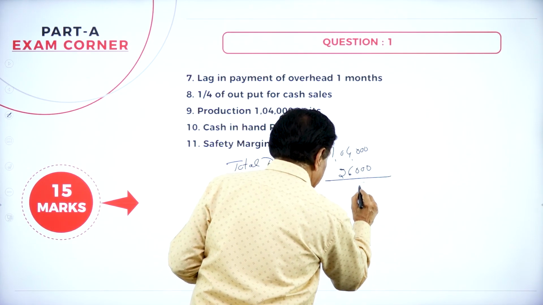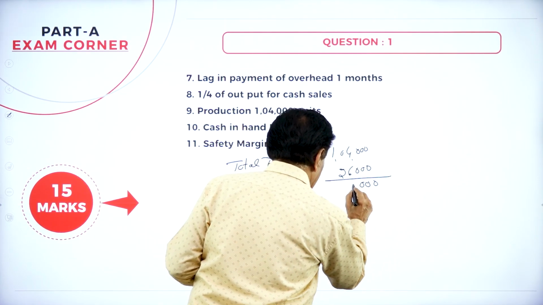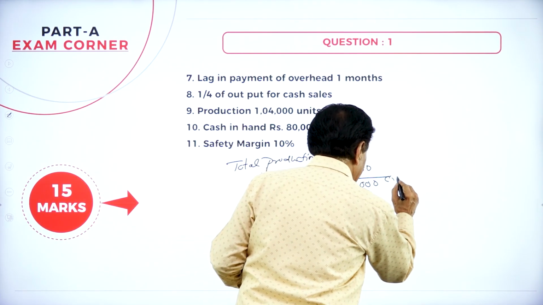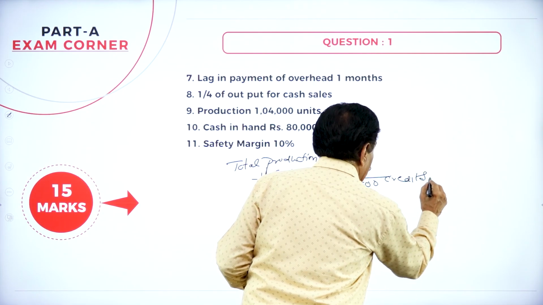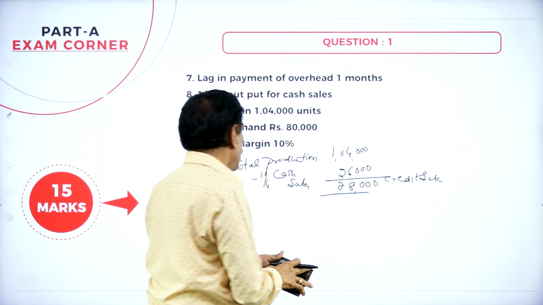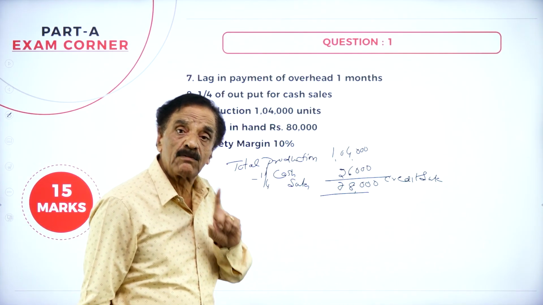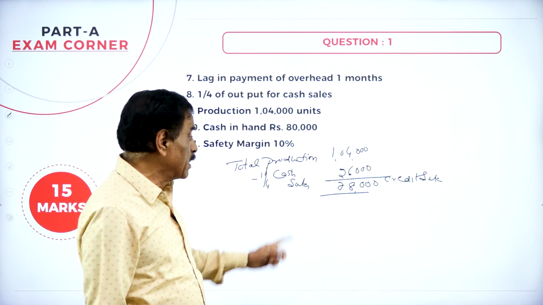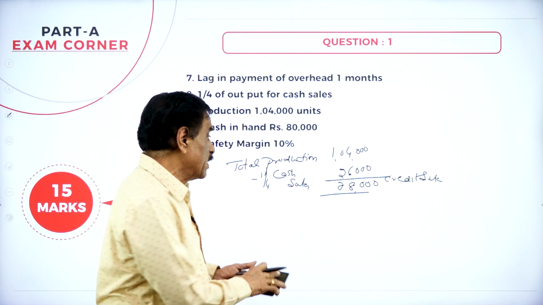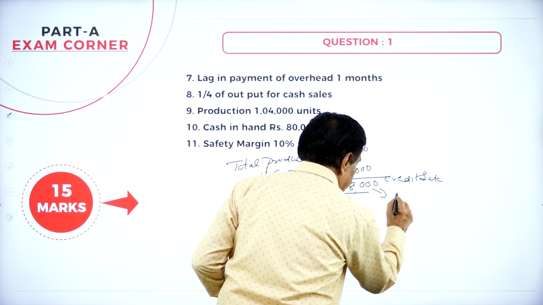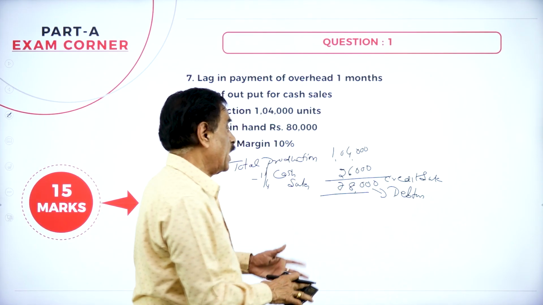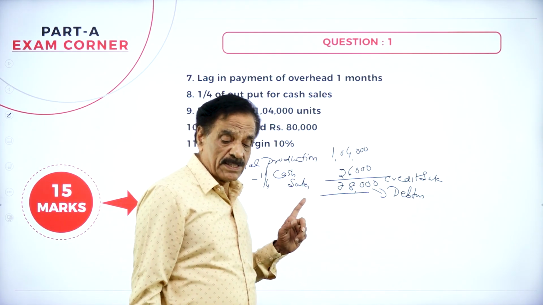Deduct it, and 78,000 is the credit sale. This is the first point. So what is the total production? 1,04,000. 1/4 is a cash sale. 26,000 has gone. The balance is 78,000. This is for debtors. You have to calculate debtors only for 78,000 units.